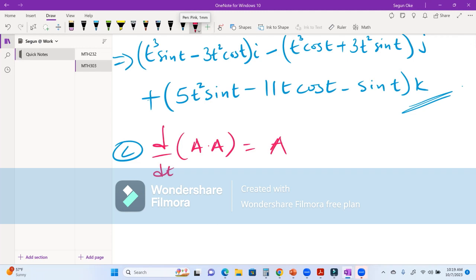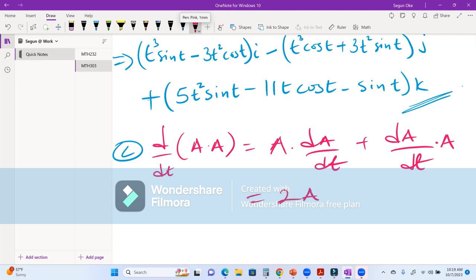A dot dA dt plus dA dt dot A. And you agree with me, it's the same thing as 2A dot dA dt. We know A. We know dA dt. So we can substitute it. What do we have? We have 2 already.